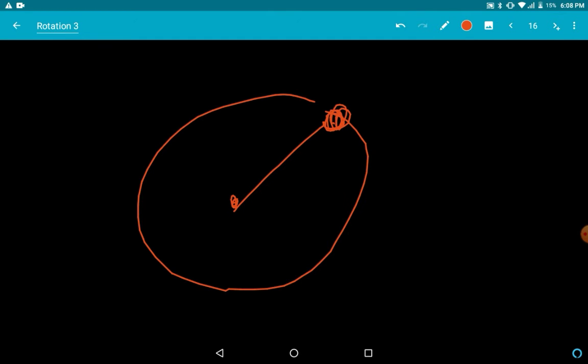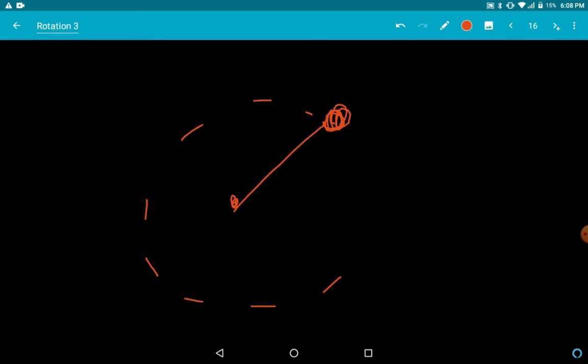So when a stone is tied to the end of a string and you rotate it, whatever the tension we feel here, this tension is nothing but the mv square by r.